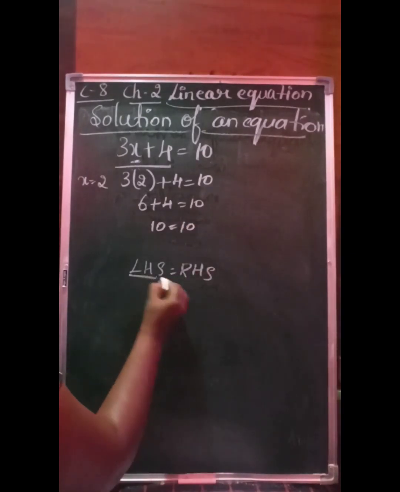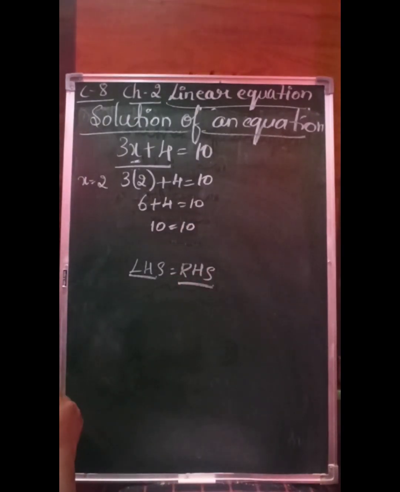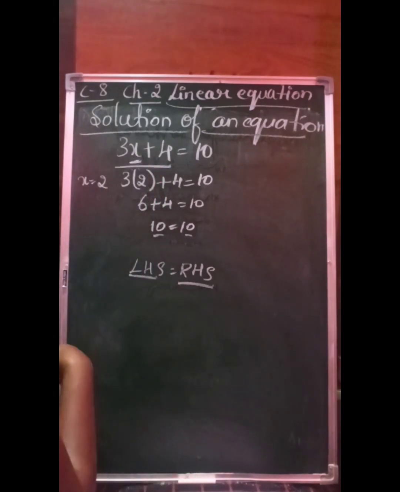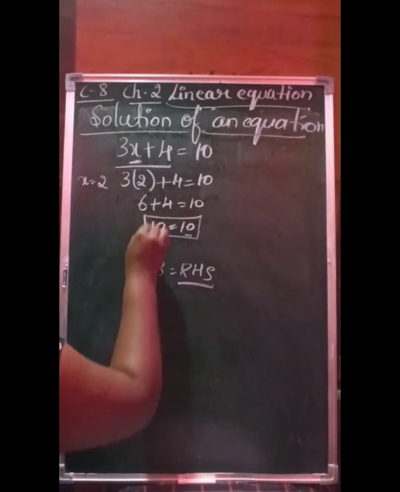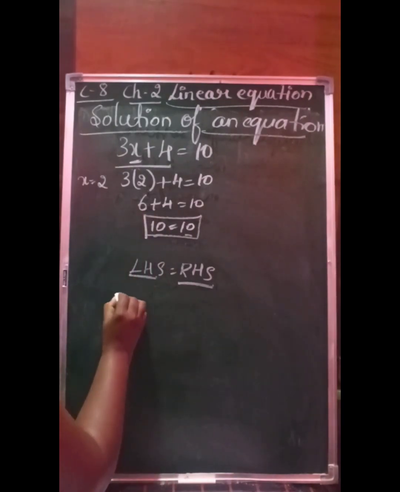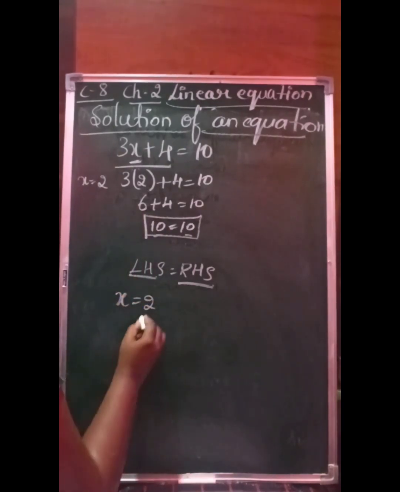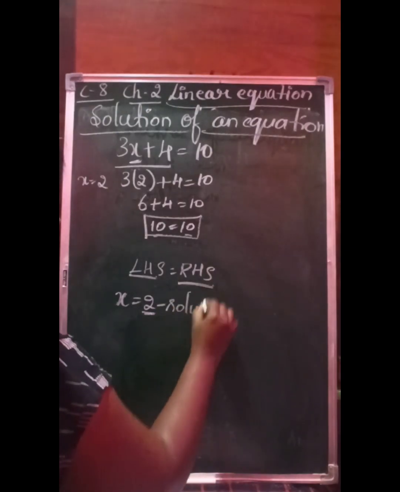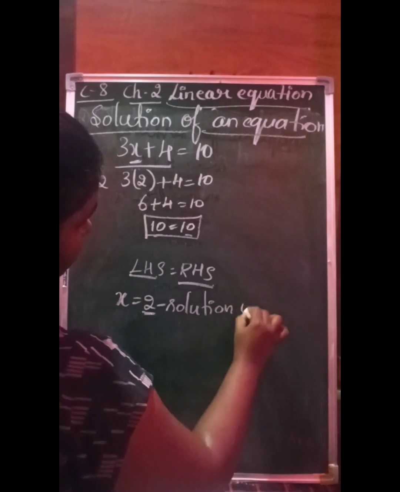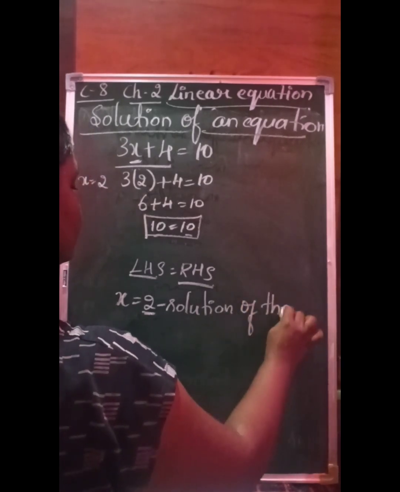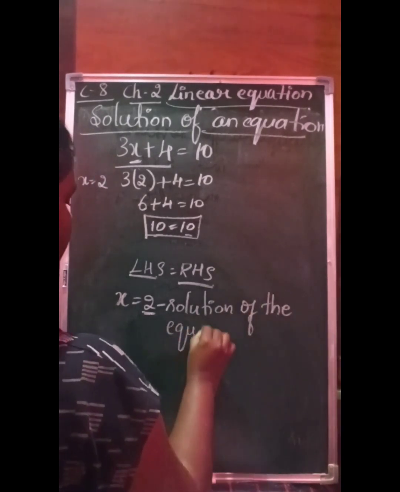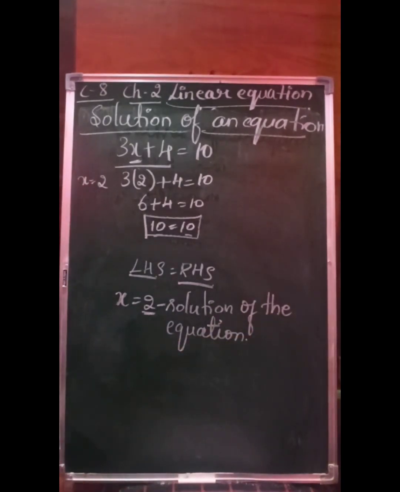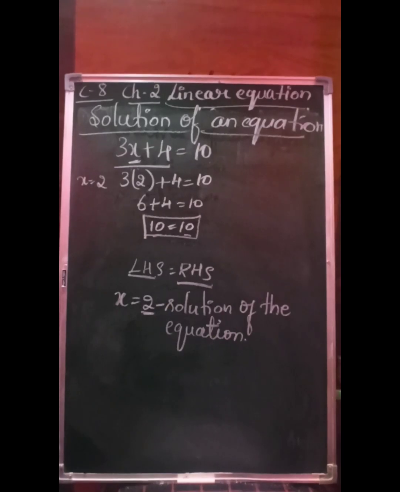As I told you, LHS is equal to RHS here. So the number we substituted for the variable so that LHS equals RHS, that is x equals 2. So 2 is the solution of the given equation. I hope this is clear to you.